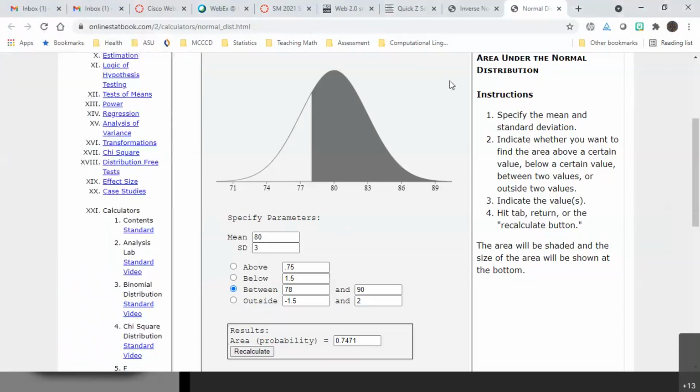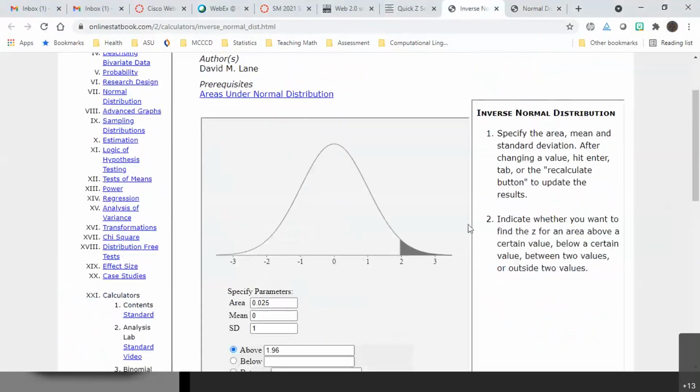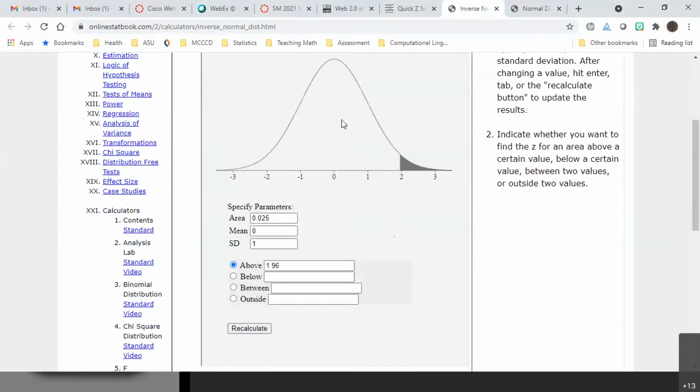Whereas with the built-in inverse normal on the online stat book calculators, say I want to know again where 80% of my students in this distribution are scoring, then I just have to click the right box. 80% scoring above 77.4, 80% scoring below 82, 80% scoring between these two values.